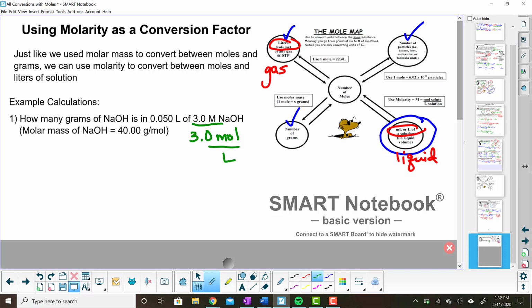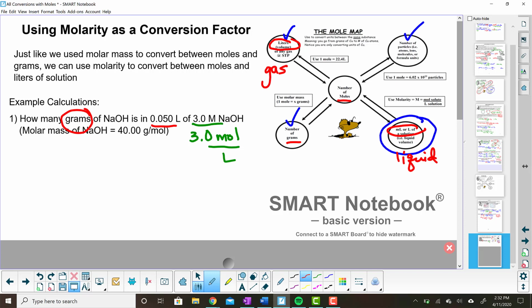Okay. So then what you see is we have liters, we have moles over liters. I'm going to solve for grams, question mark. Okay, let's look at our mole map. I know that I would need to end up in grams, which means the only way I can get to grams is by going through moles.